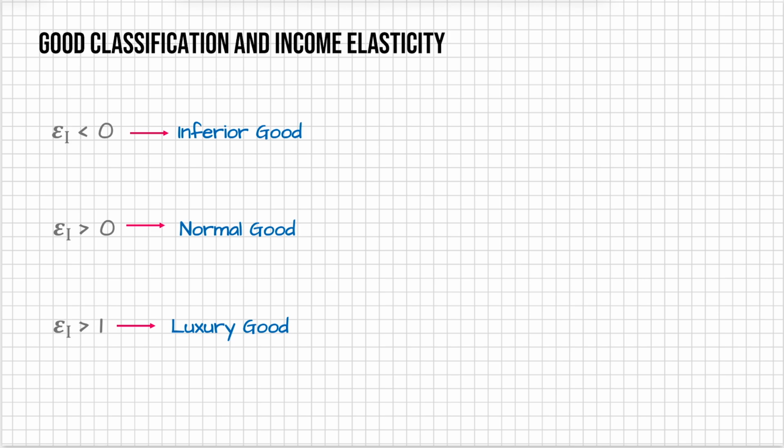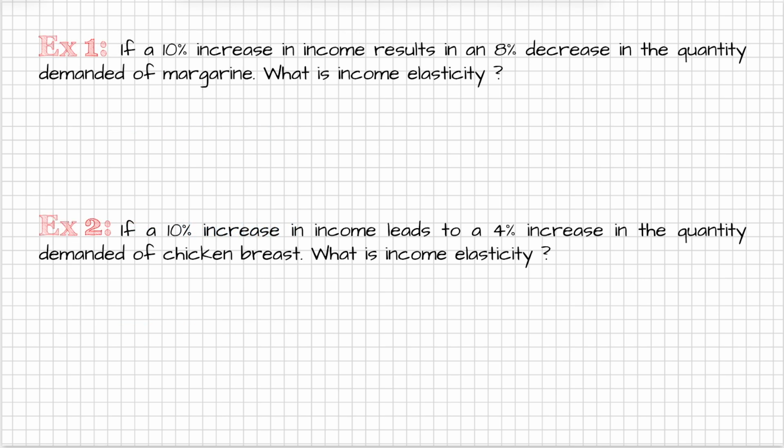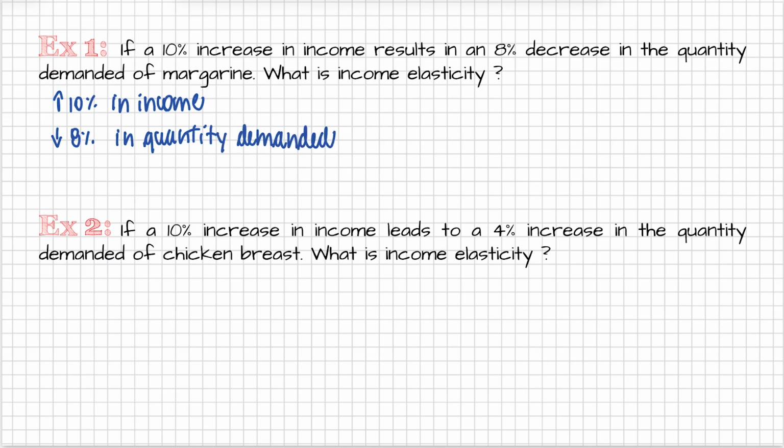Now let's work through 4 examples to practice this. Example 1. A 10% increase in income leads to an 8% decrease in the quantity demanded of margarine. What's the income elasticity? Income elasticity is equal to the percentage change in quantity demanded, which is negative 8%, divided by the percentage change in income, which is 10%.